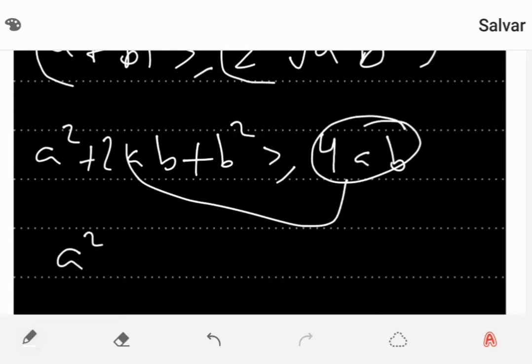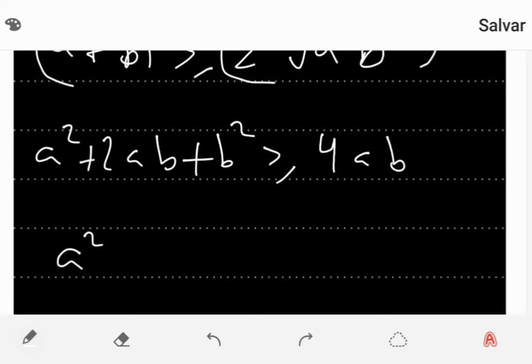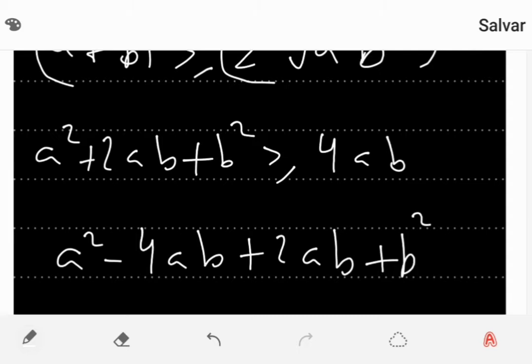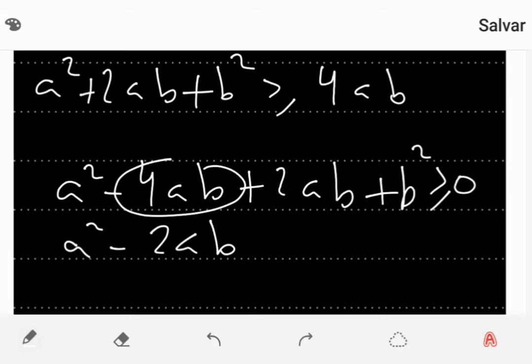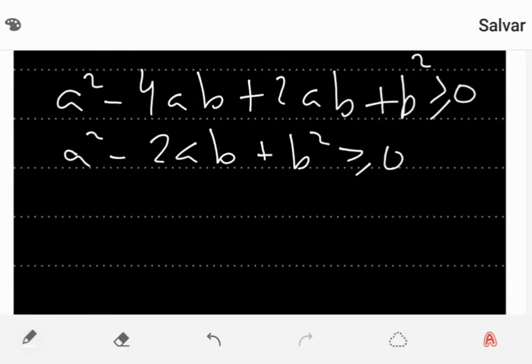Now this 4AB will go to the other side over here, right? Minus 4AB plus 2AB plus B squared is bigger or equal to 0. So A squared minus 2AB, because minus 4 plus 2 is minus 2, plus B squared is bigger or equal to 0.